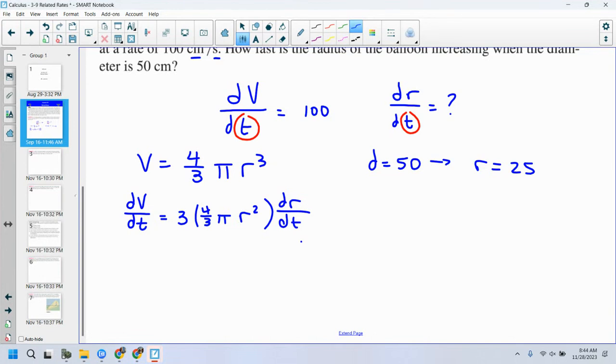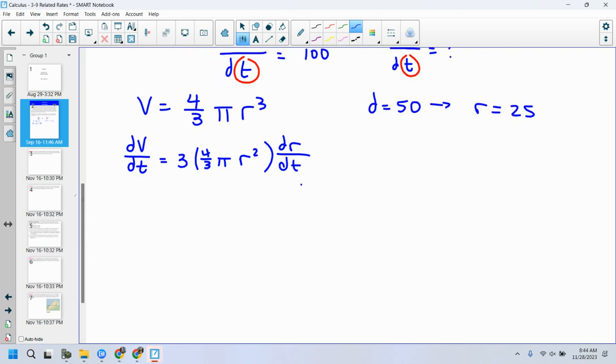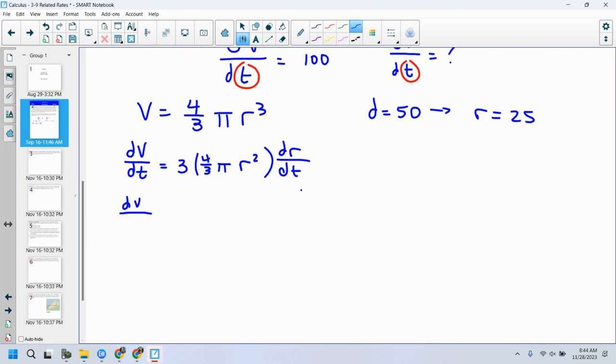R prime is dr dt. V prime is dv dt. Now let's reduce that down a little bit. So dv dt is equal to 3 times 4/3, which is just 4, 4 pi r squared dr dt.